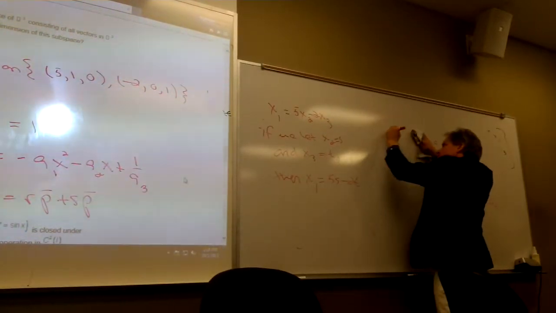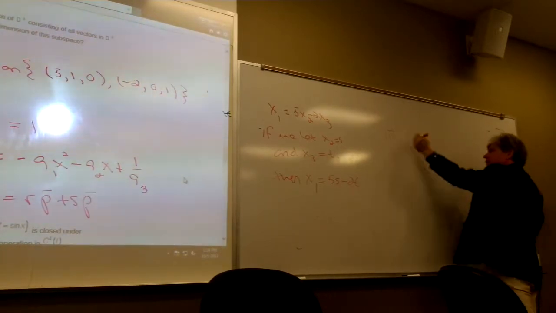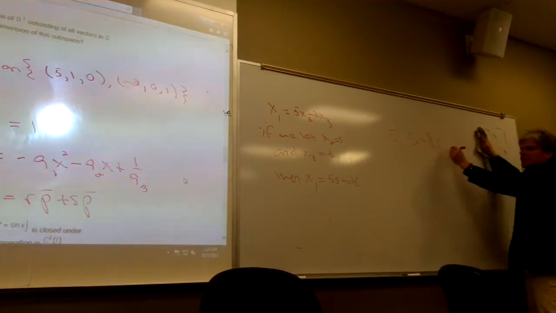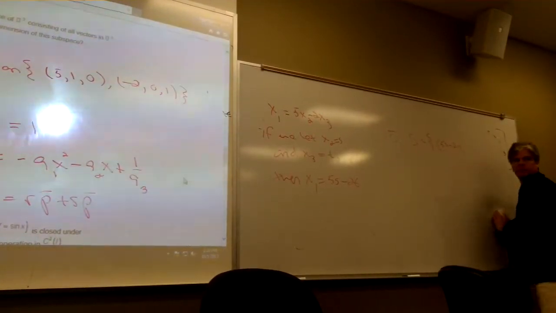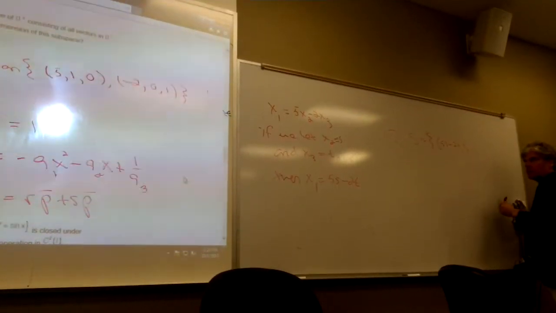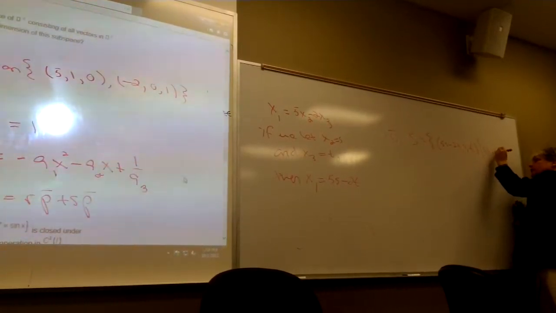So my set S is the collection of ordered triplets x sub 1, x sub 2, x sub 3, such that s and t range over the entire reals.